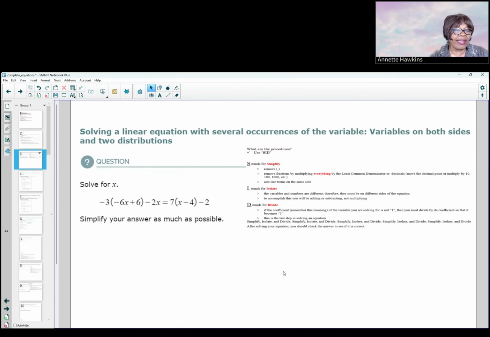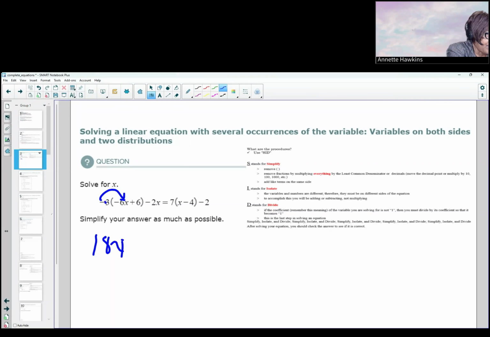So we do have some parentheses, and we need to remove them. In order to remove the parentheses, we're going to use the distributive property. The distributive property says I need to distribute everything to what's inside that parenthesis. So let's do that. So this is -3 times that -6. A negative times a negative is a positive. So that's 18x.